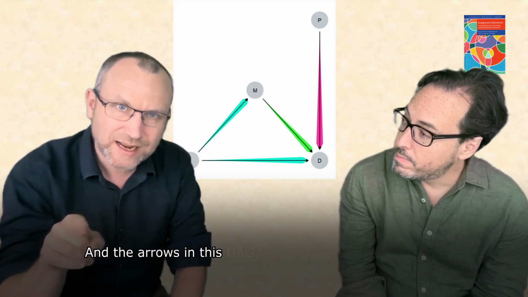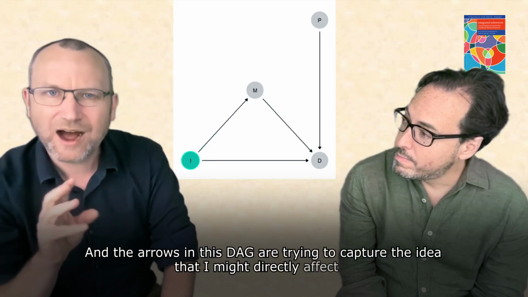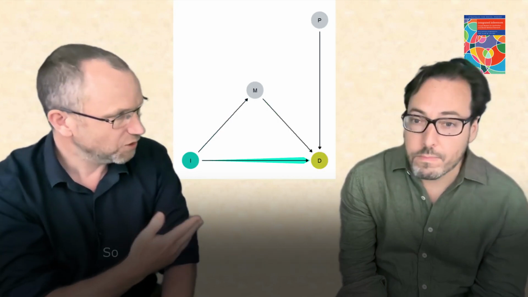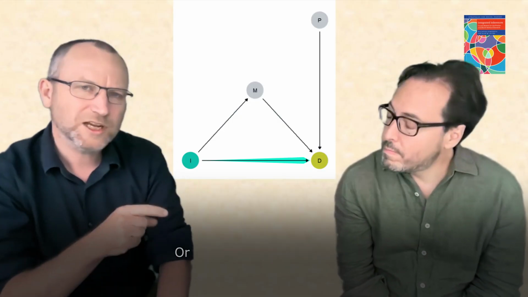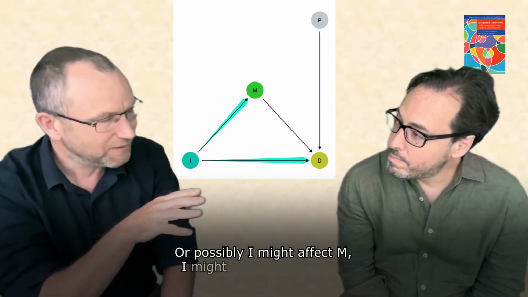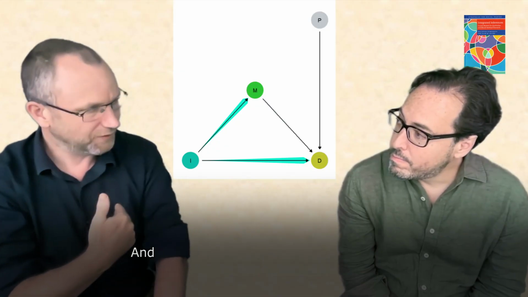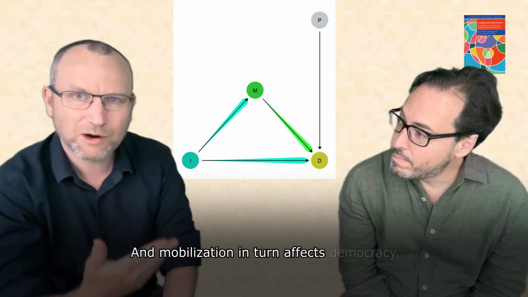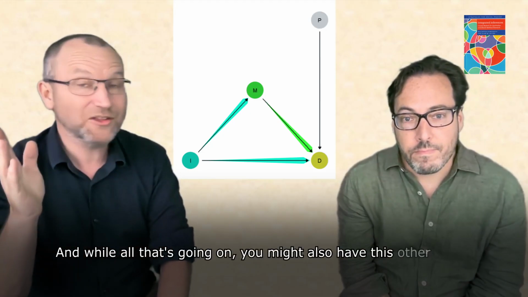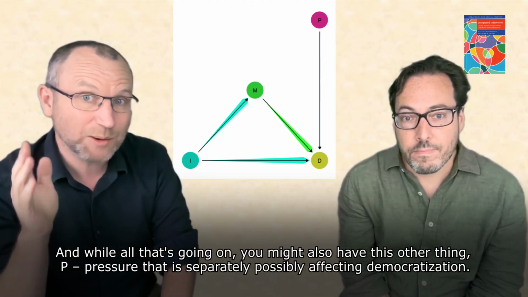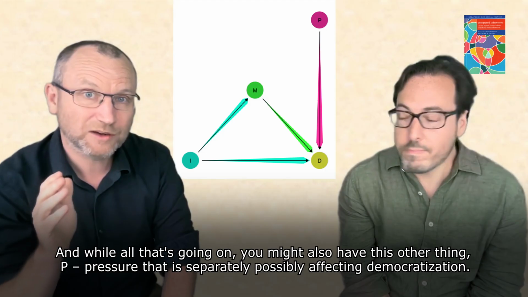The arrows in this DAG are trying to capture the idea that I might directly affect D, so inequality might lead to democratization directly in some way, or possibly I might affect M, mobilization, and mobilization in turn affects democracy. And while all that's going on, you might also have this other thing, P, pressure, that is separately possibly affecting democratization.